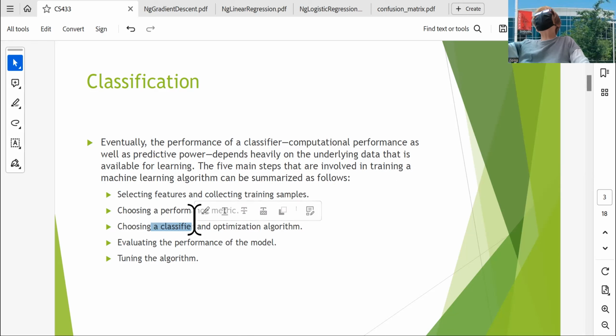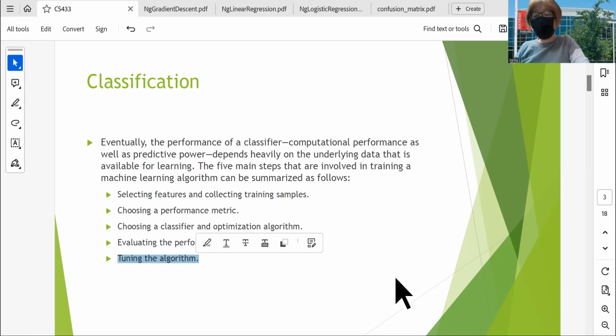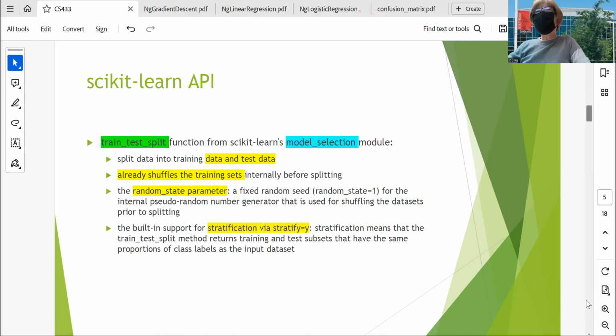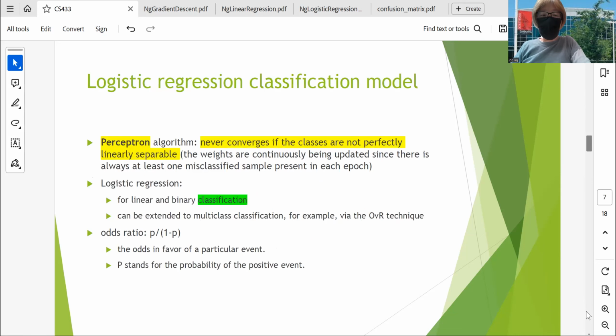So far we haven't learned a lot, just two: perceptron and Adaline. Then you evaluate, and we use accuracy. Later on, we will also see how to tune the algorithm. Sklearn we already learned last class. Remember, for class labels you use integers. We also do the train and test data split and use accuracy. All of this we already discussed.